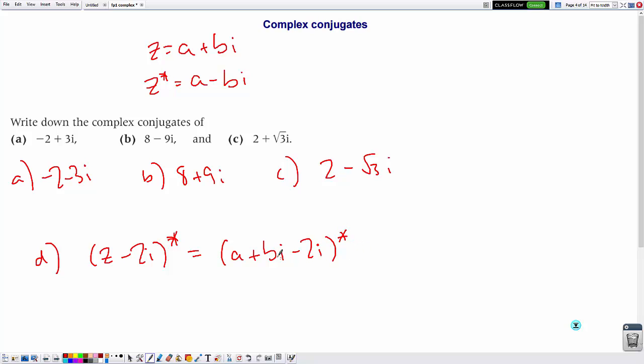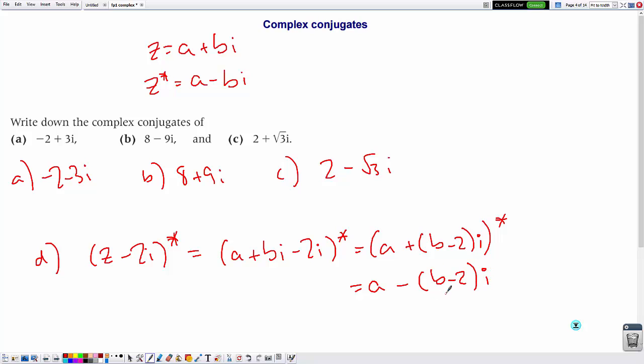Now you could, if you want to, just change the sign here and change the sign there, but I think it's better in general to gather your terms. So I'm working out the conjugate of a plus (b minus 2) lots of i. And to work out the conjugate of this is now a simple case of just changing the sign there. So the conjugate of this is equal to a minus (b minus 2)i.